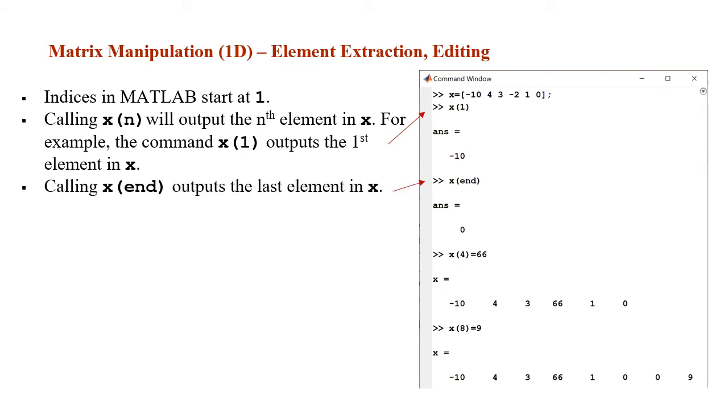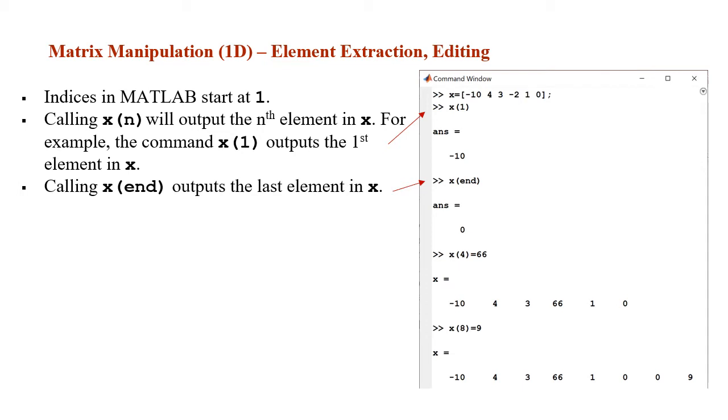If we type x(end), it means we want to find or output the value in the last element in x. So x(end) will output the last element in x, which is 0 in this example.